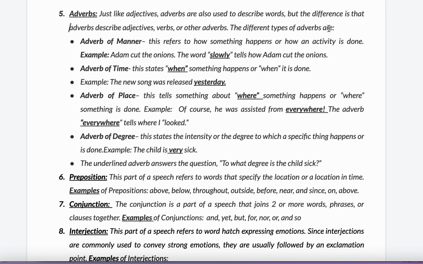So basically, what the definition says is that adverbs are words, just like adjectives, that we use to describe other words. But the only thing that differentiates these two is that adverbs describe adjectives, verbs, or other adverbs.